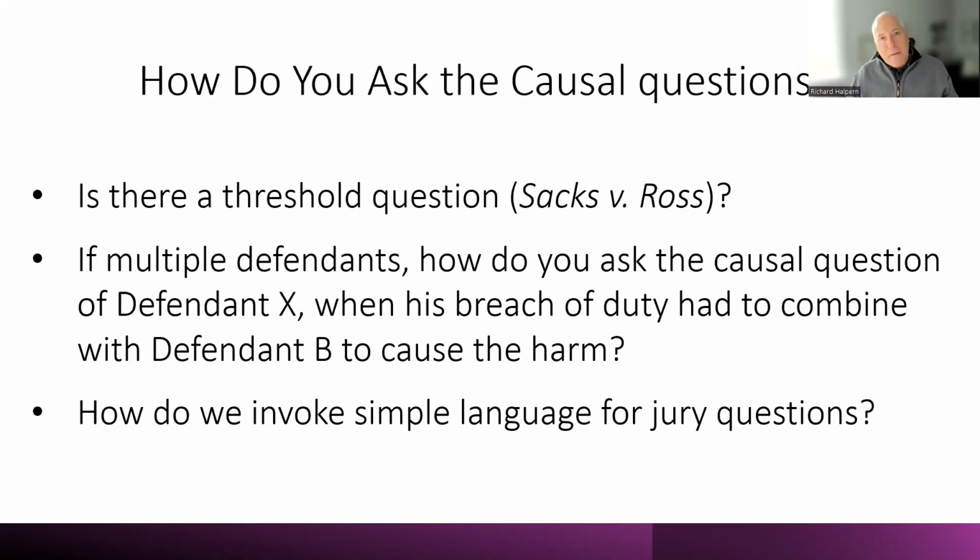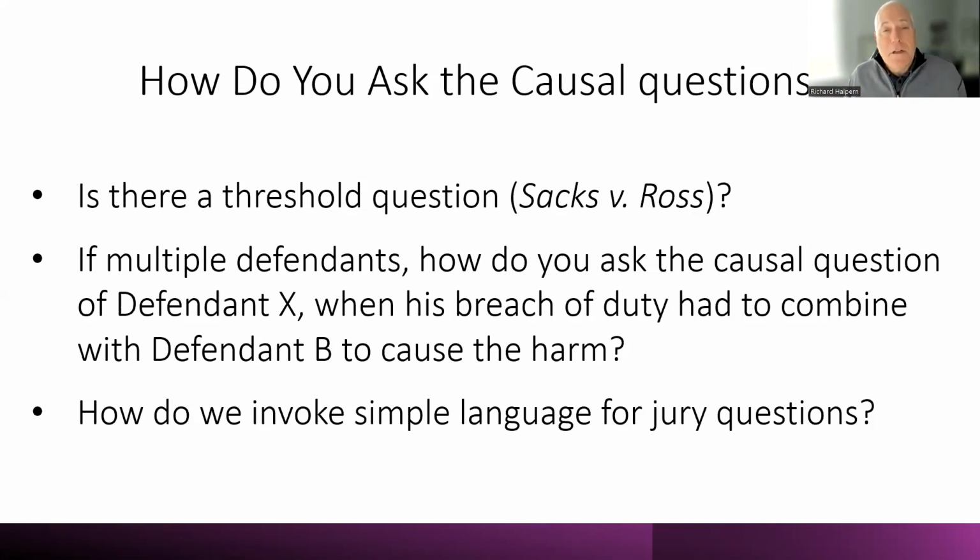So the problem again in medical malpractice, not unique to medical malpractice, but what we see is that the negligence of A may need to combine with the negligence of B to cause the harm. And so if I were to confine my but-for question to A only, I would get a negative answer because A's breach of duty on its own may be insufficient to cause the plaintiff's loss.